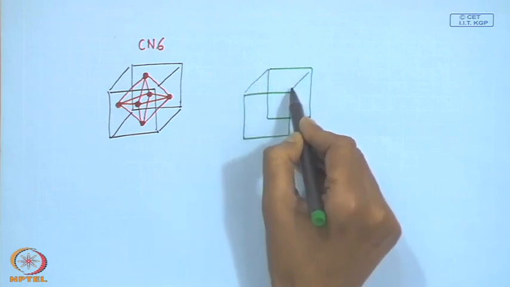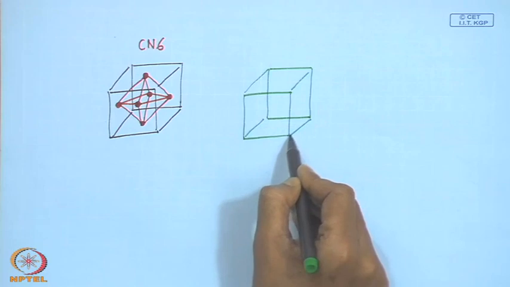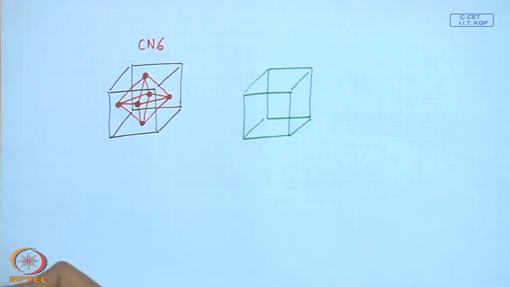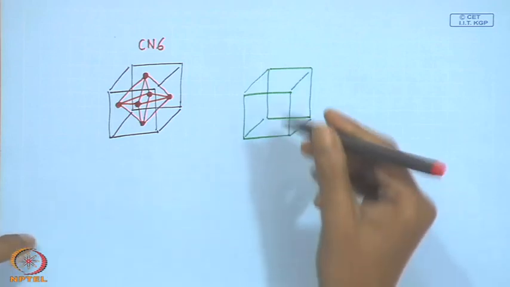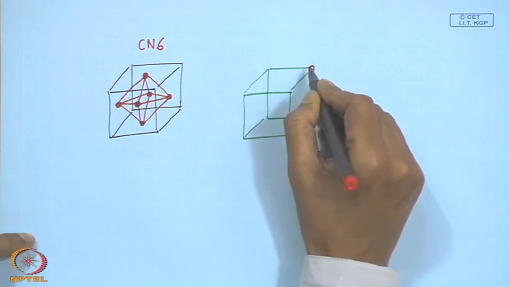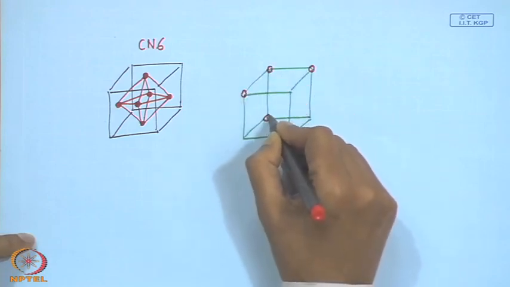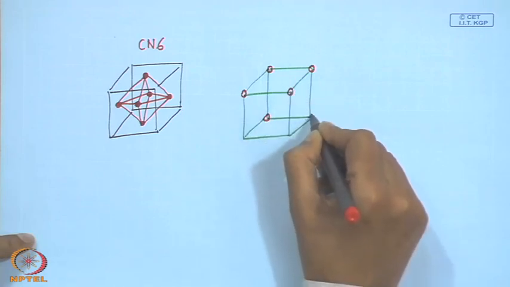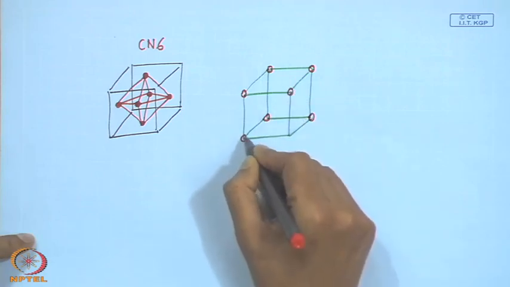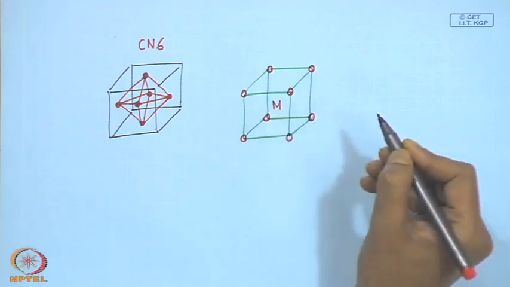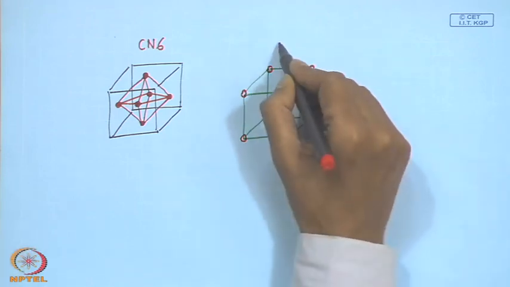Instead of the center positions of all the 6 faces, now we can have the ligands occupying these positions, that means all the corners of the cube, which will give rise to an arrangement which has a coordination number of 8.